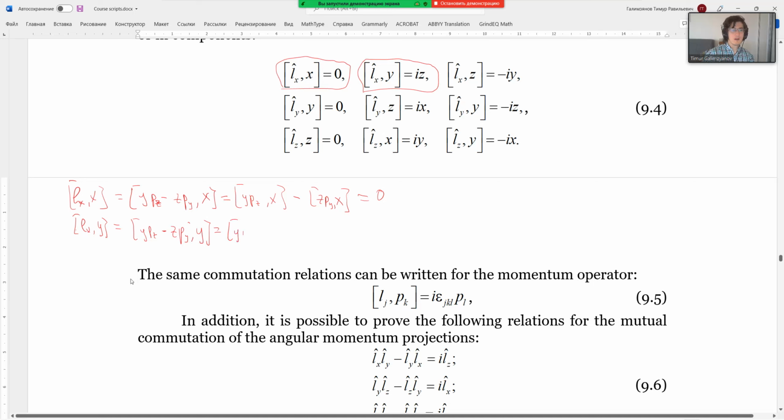Okay, y pz y minus z py y. So it's the same thing. y commutes both with y and pz, so this commutator equals 0.